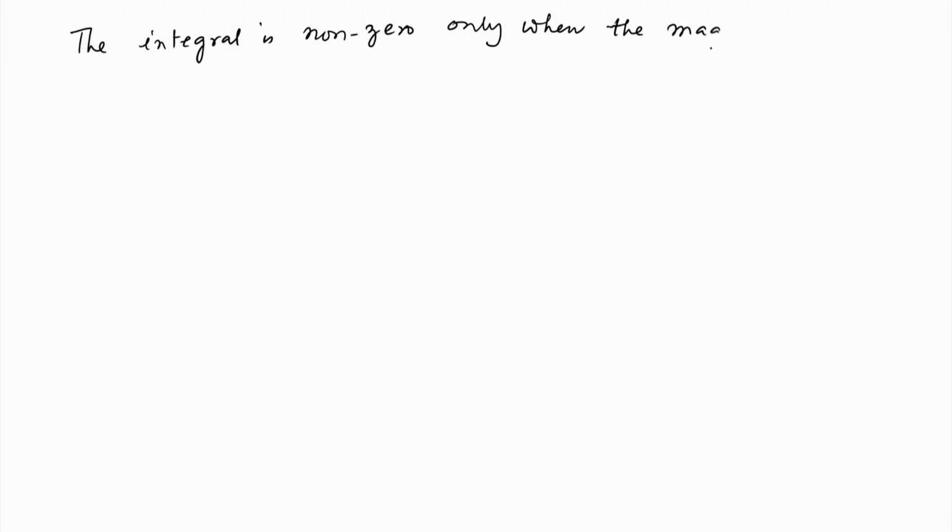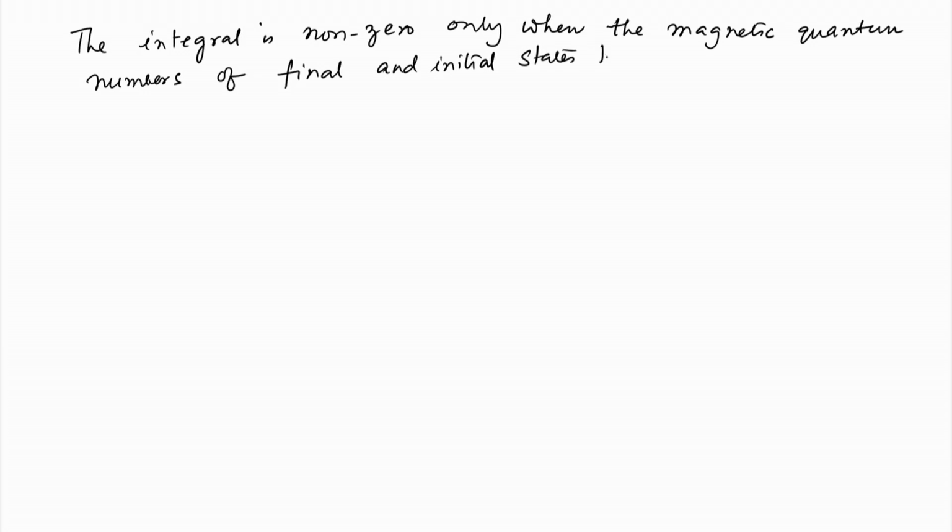So, the integral is non-zero only when the magnetic quantum numbers of final and initial states differ by 1 unit.